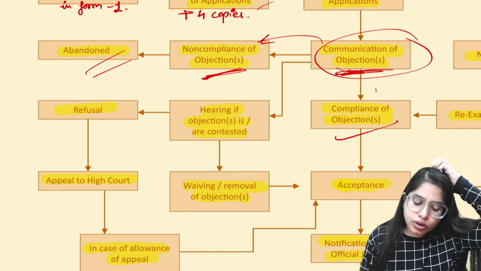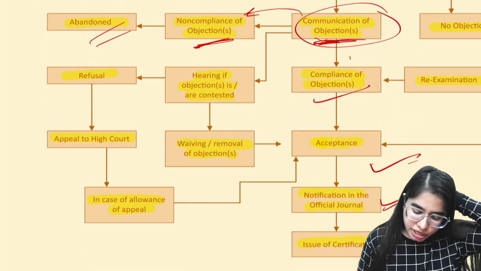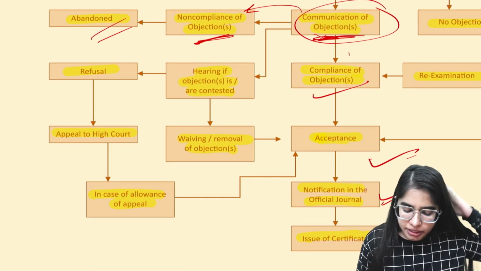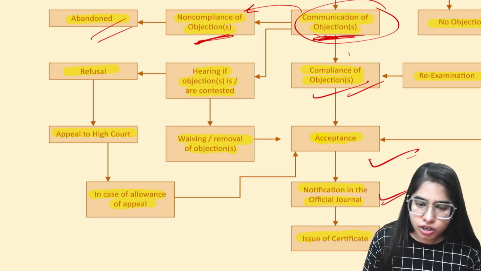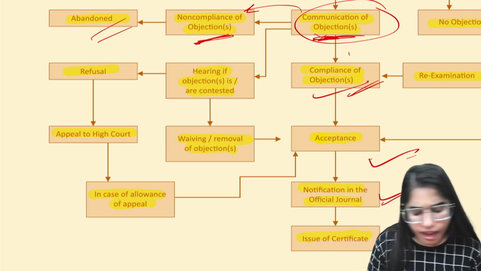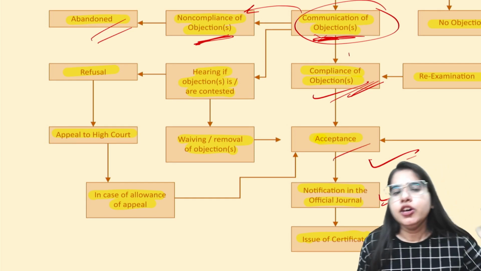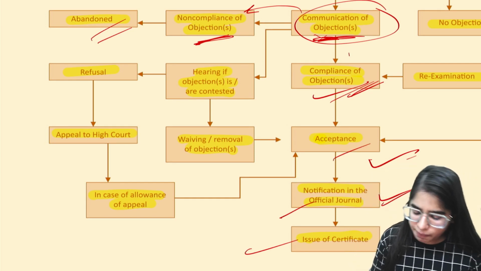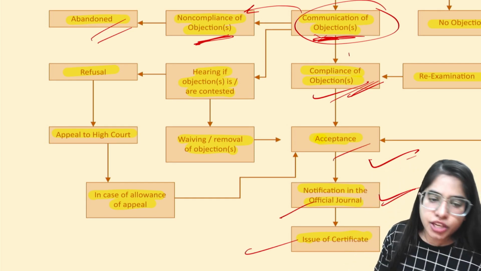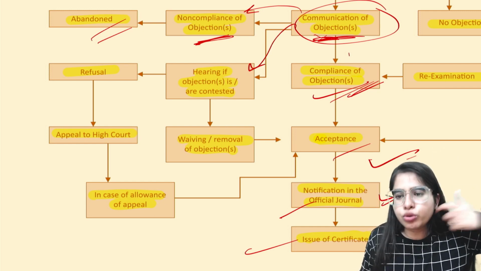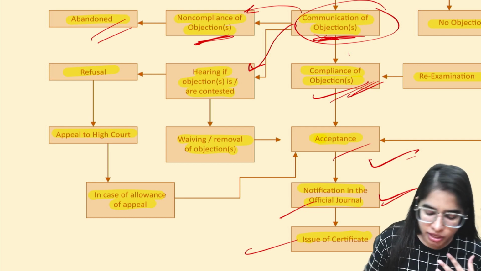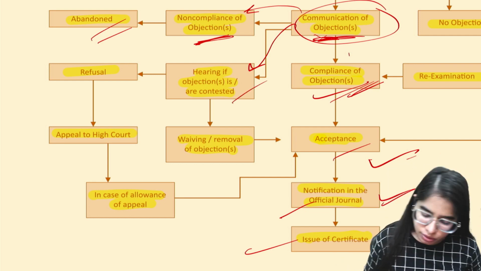However, if you do comply with the objection, your application will be accepted and published in the official journal. You will be issued the certificate. However, let's say you raise further objection ki no, this objection is not acceptable to me, in that case hearing of both the parties will be done.